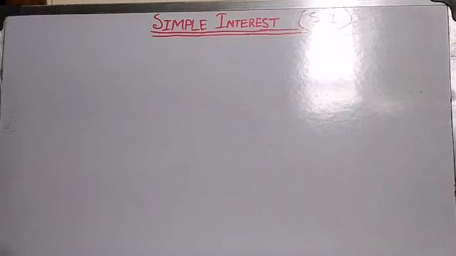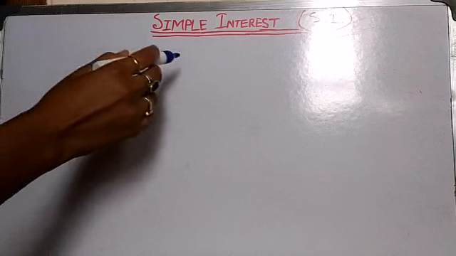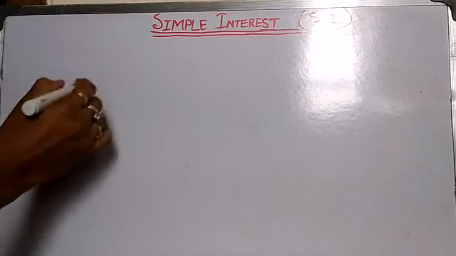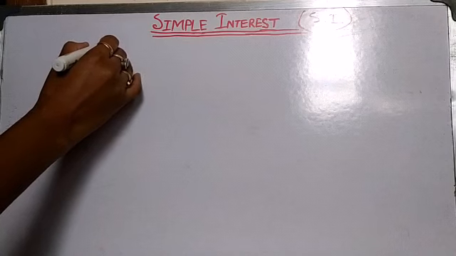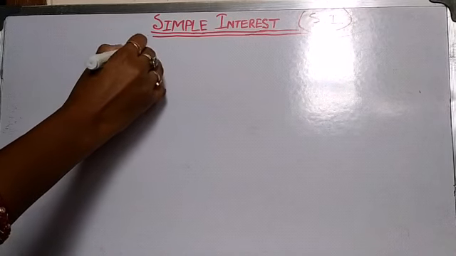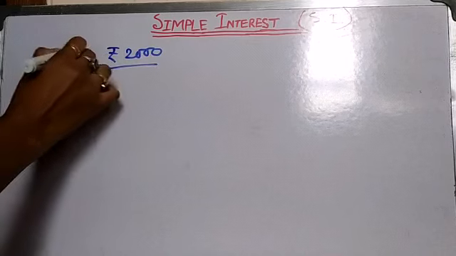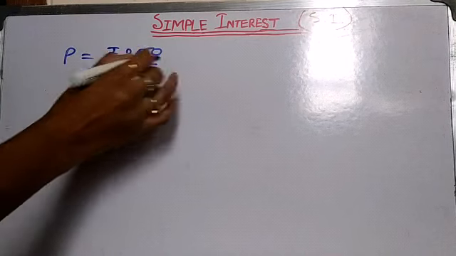Now we will learn what are the uses of simple interest in our daily life. If I keep some money in the bank, suppose rupees 2000, that is principal. I want to keep this money in the bank.